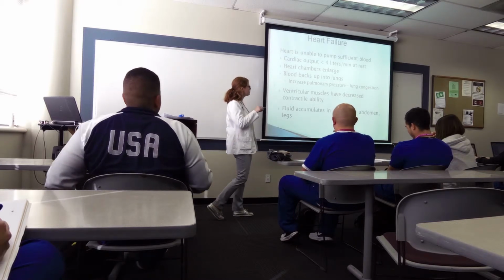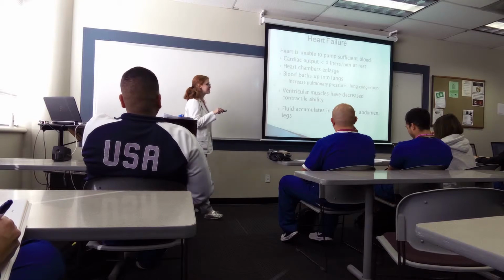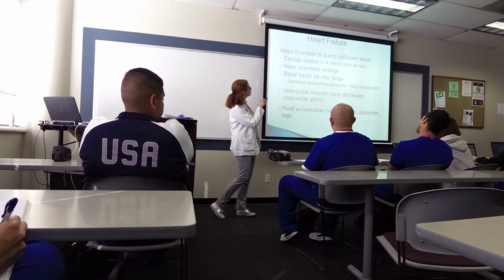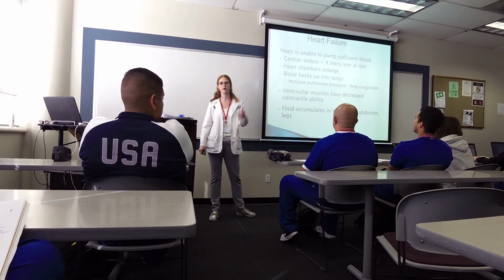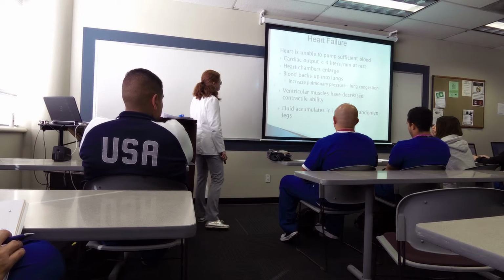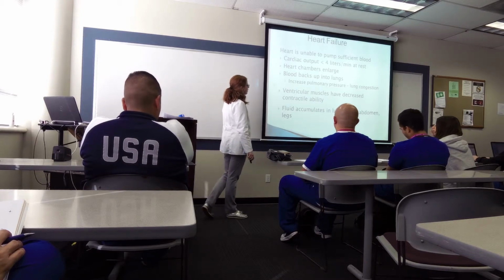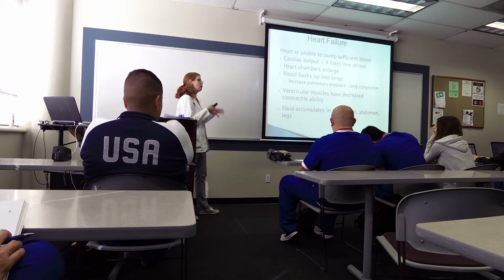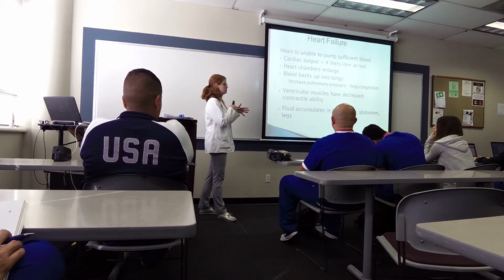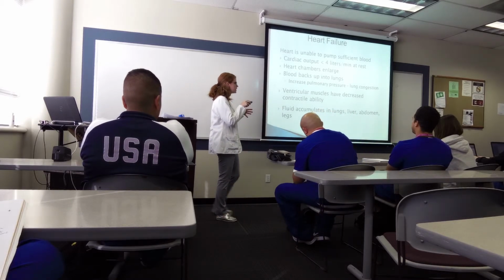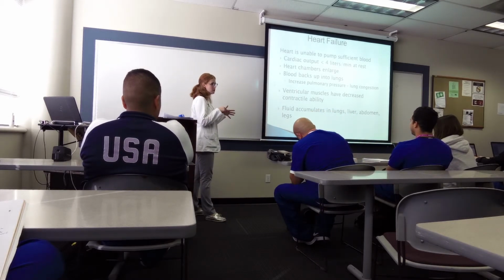The ventricular muscles are going to have decreased contractile ability. They have less ability to contract, therefore less stroke volume, heart rate goes up. And the biggest thing that's going to happen is blood backing up throughout all systems. Which means we can have pulmonary edema and systemic edema.